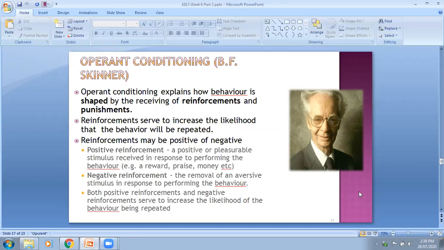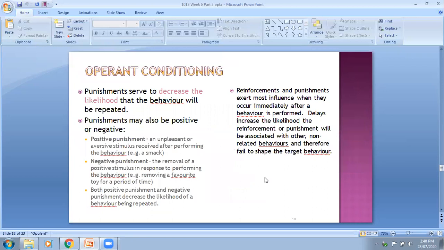So you told your child to get off their iPad and they didn't do it as fast as you asked them to, so therefore you are removing the iPad. So both positive reinforcements and negative reinforcements serve to increase the likelihood of the behaviour being repeated. With negative reinforcement, you want them to do what you've asked them to do, so you are removing something in order for them to perform the behaviour.